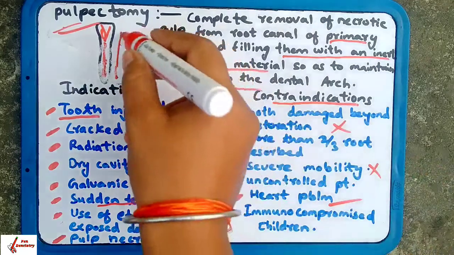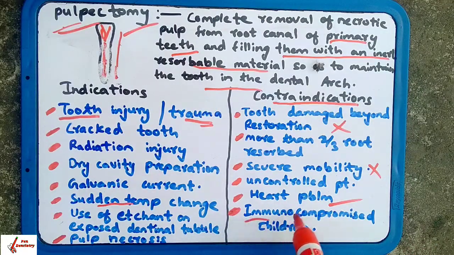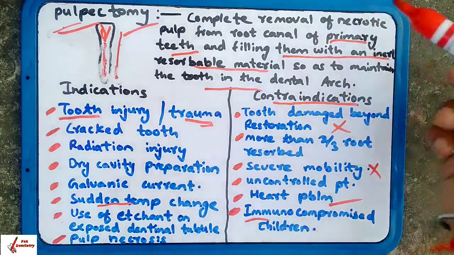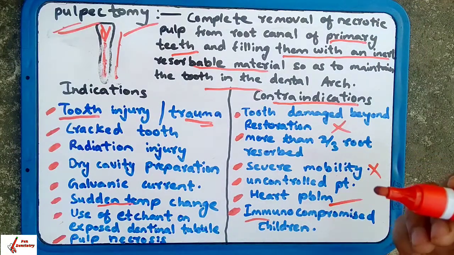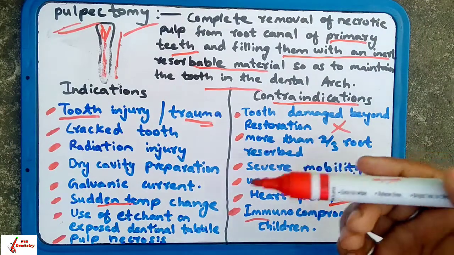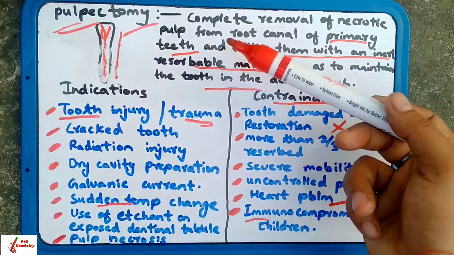If the child is immunocompromised, then you can't do the pulpectomy. Okay, this is about the pulpectomy definition. I have given this definition in the previous video.